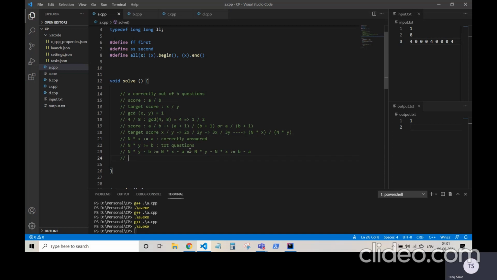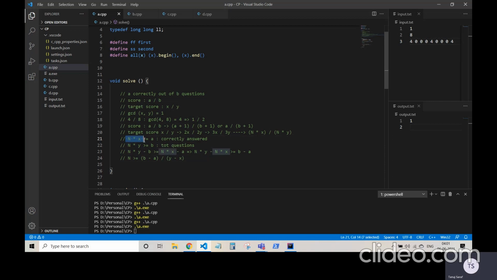If I further simplify it, I get n is greater than or equal to (b minus a) divided by (y minus x). And since x is less than or equal to y, we know that y minus x is a positive quantity. So this is one equation that we have got.